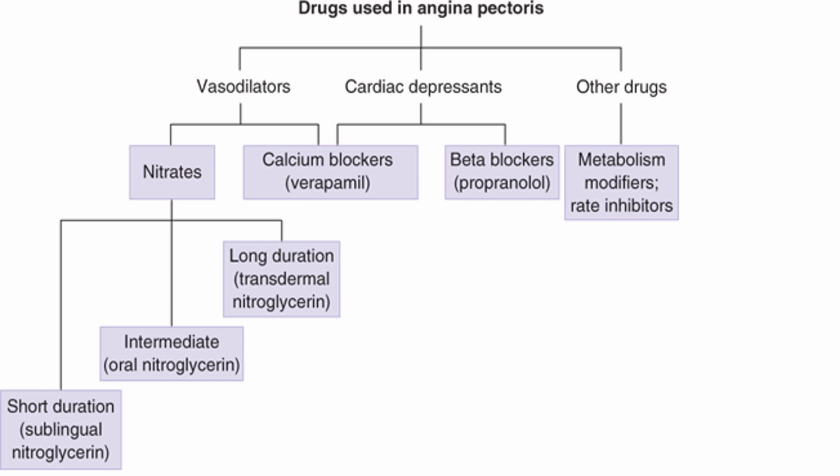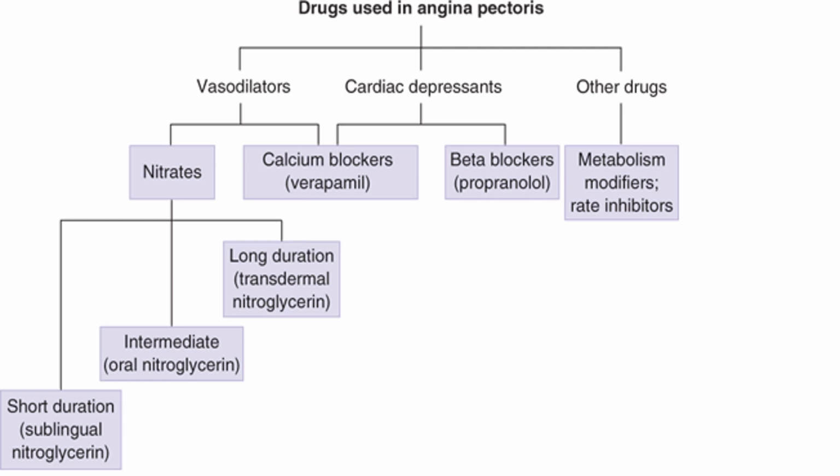Now coming to the classification of anti-anginal drugs, we have three major categories. We have vasodilators, then cardiac depressants, and then other drugs which are usually associated with the metabolism rate or something like that. Now under vasodilators, we have nitrates and calcium channel blockers. Calcium channel blockers also act as cardiac depressants along with beta blockers.